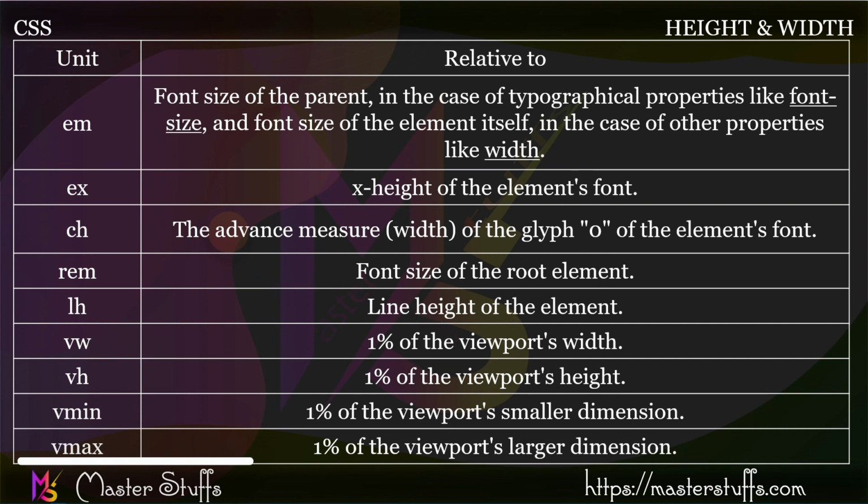So what is the line height? As you can see here, there are 3 lines. This is the first line, this is the second line, and this is a small gap between the first line and the second line. This gap is called line height. If you want to increase or decrease this line height, we can do it with the lh unit.